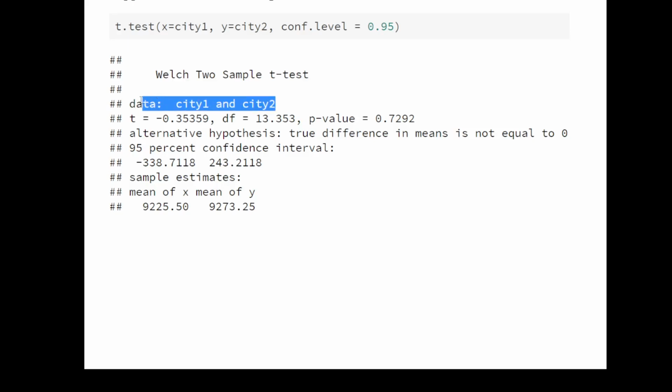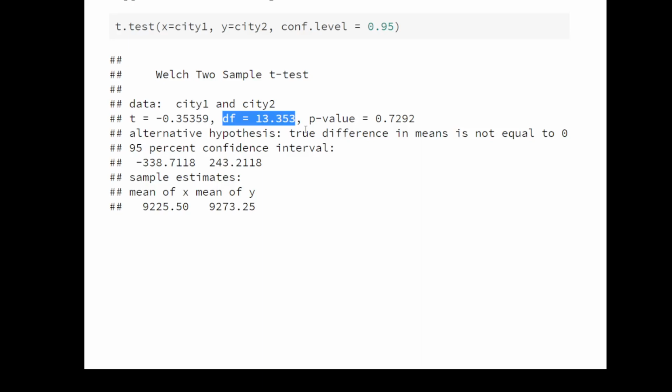Here we have the samples, City 1 and City 2, and the test statistic. You notice we have a different degrees of freedom here: not 14, it's 13.353. To be honest with you, I have an idea where that is calculated from, but for undergraduate statistics, at the level you're probably at, you don't have to worry about it. Just notice that it's different.